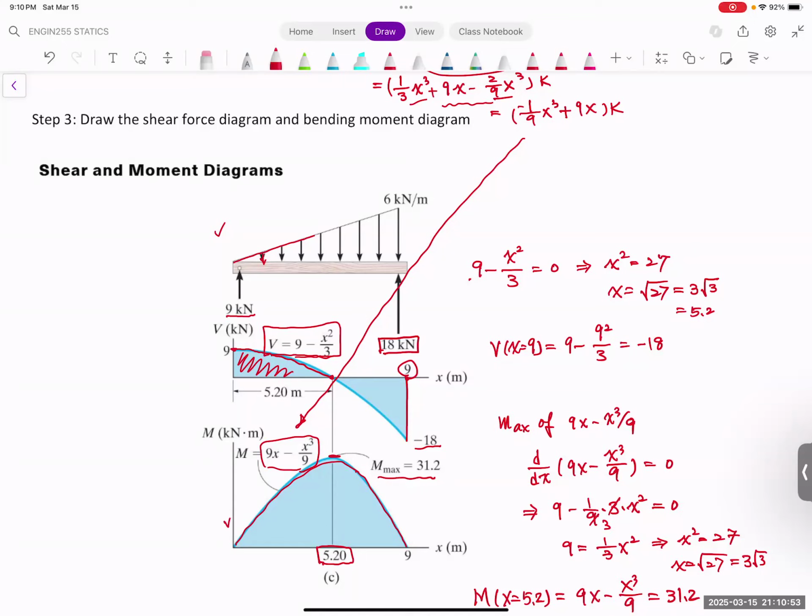Where the moment diagram is actually equal to the area of this one here. It is accumulating to sum the area of the shear force diagram. So you will slowly increase, because this is always going to be a positive area.